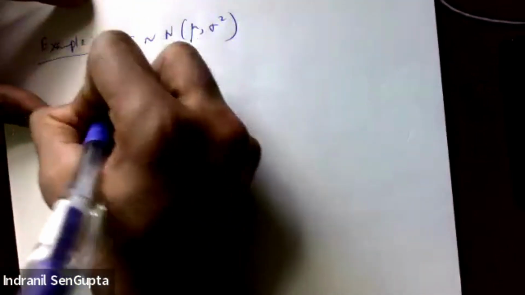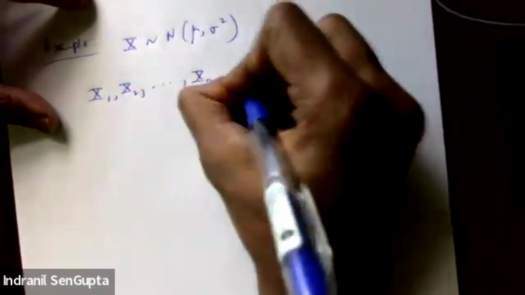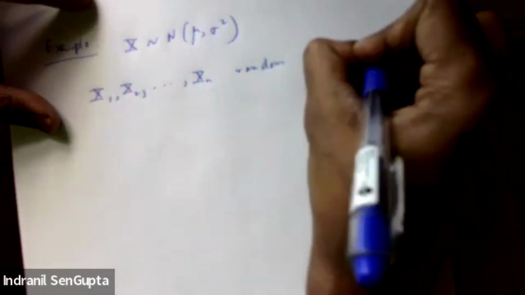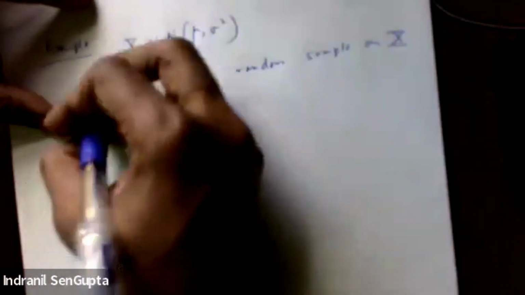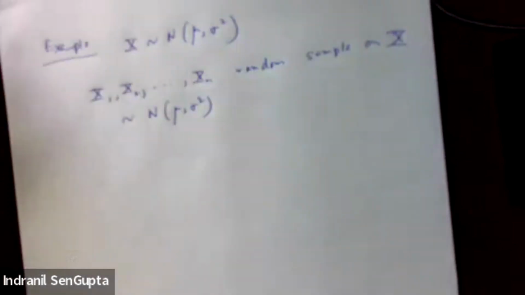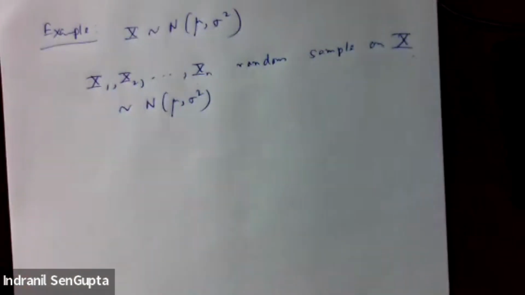That means the population mean is mu and the population variance is sigma squared. So there we have a random sample x1, x2, ..., xn on X. Each of these follows a normal distribution with mean mu and variance sigma squared.